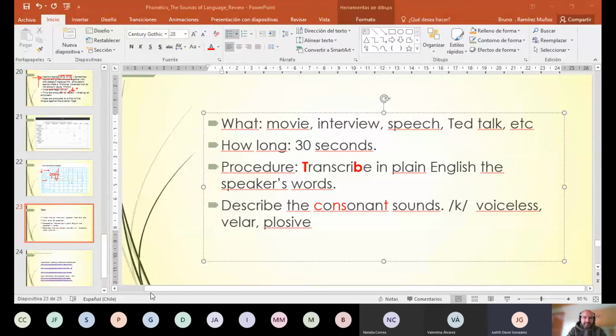Sir, I have a question. Yes, ma'am. We must describe only with those three criteria, right? Exactly. Only voicing, place, and manner. So we're focusing only on consonant sounds. Okay, thank you. And any other questions?